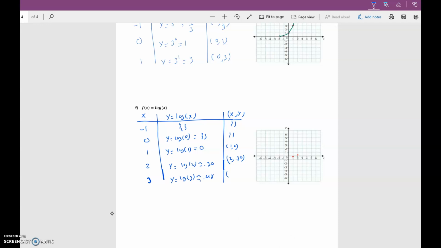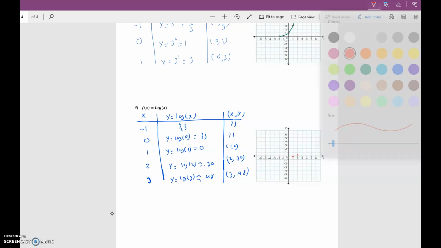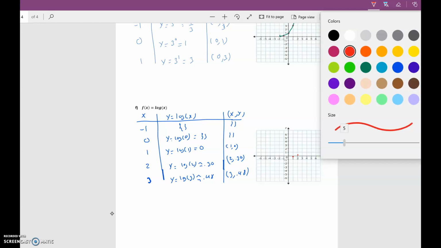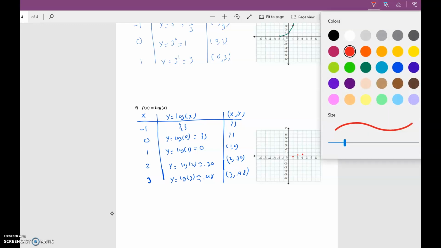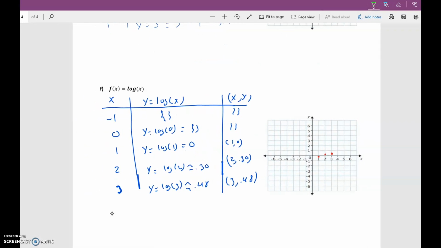So technically 3, 0.48. So just slightly higher. And then we are going to graph these in the next assignment using technology so that you get to see what these actually look like, meaning perfect sketches.